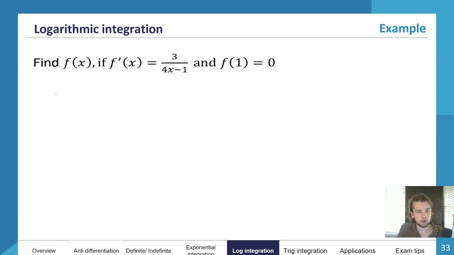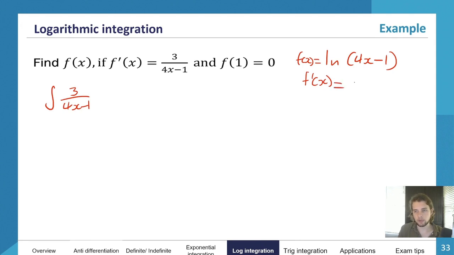Okay, so let's prove this. We're going to get the indefinite integral of 3 over 4x minus 1. Now, if f(x) did equal ln(4x minus 1), then the differential of f(x) would actually have to equal 4 over 4x minus 1, and instead we have 3 over 4x minus 1.